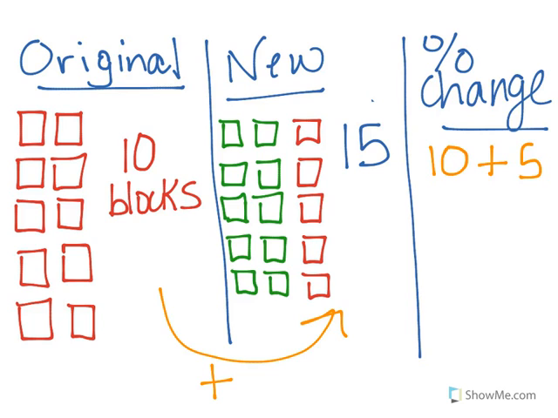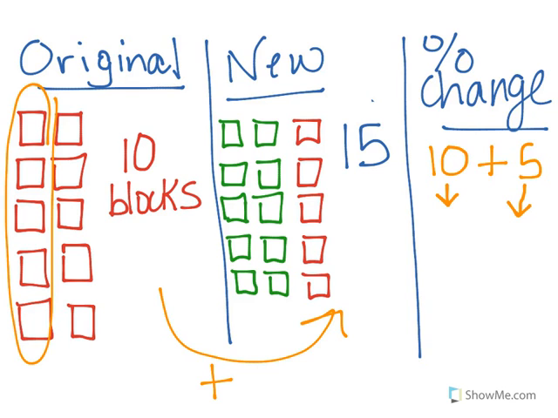So remember how I tell you when we're learning new things, we try and start with easy examples. So this is fairly easy once I start explaining it. This 10 is the original. So this 5 is my increase. I want to know this 5 is what percent. So if I had these 10 blocks here and I increased by 5, that means I increased it by half.